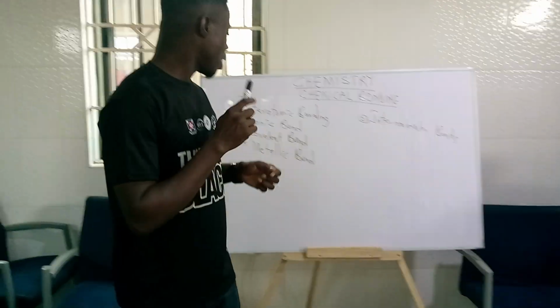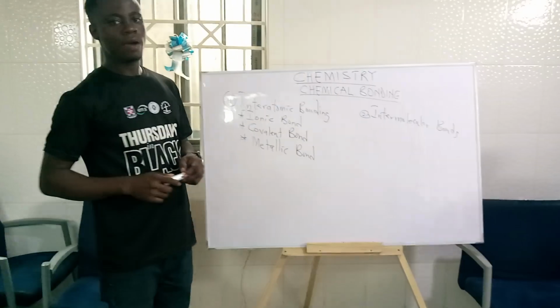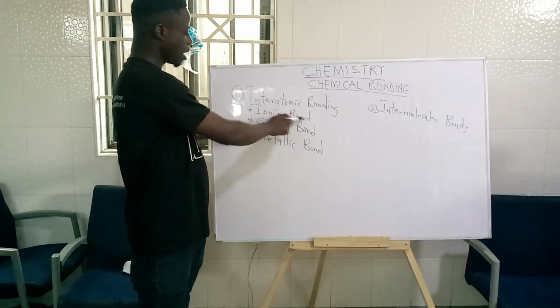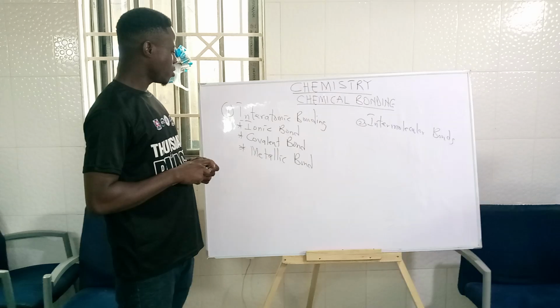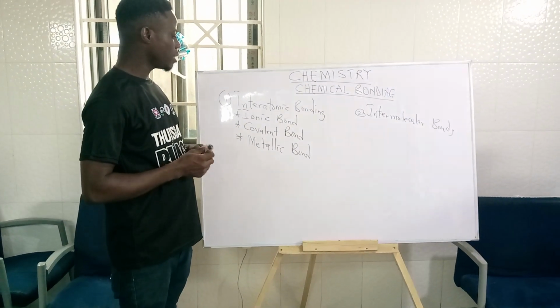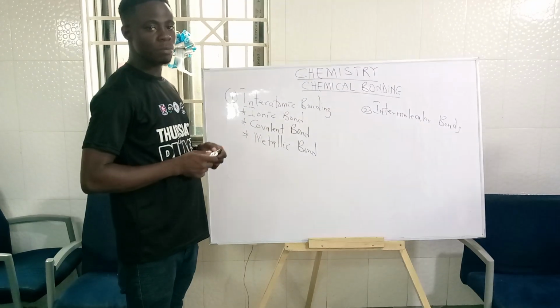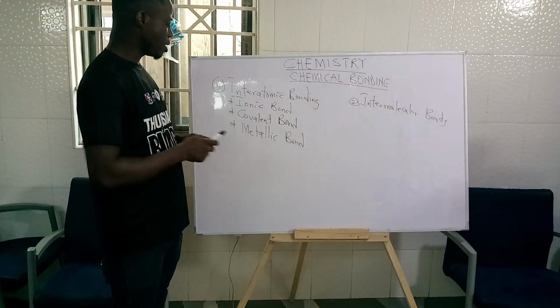We have the ionic bonds, the covalent bonds, metallic bonds. We have discussed everything on ionic bonds. So in our video today, we are going to concentrate on a type of covalent bond called coordinate bonds or dative covalent bond. That is what we will talk about today.